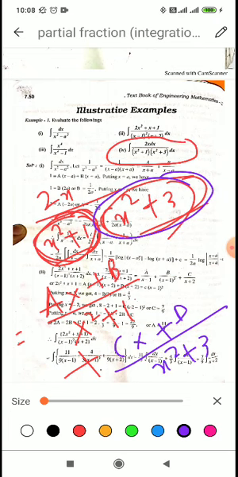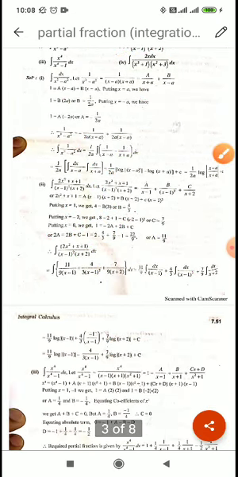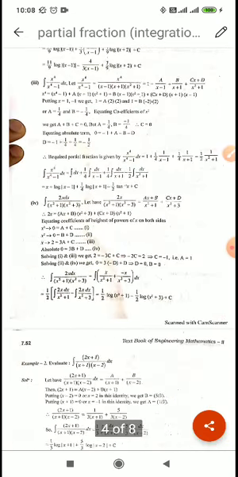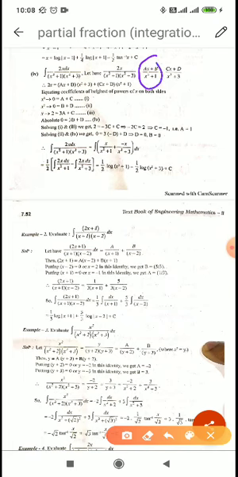Okay, we can check here how he has tried to solve. Yeah, this is the answer. You can see that he has taken ax plus b by x square plus 1, then cx plus d by x square plus 3. Now he tried to find a, b, c, d.